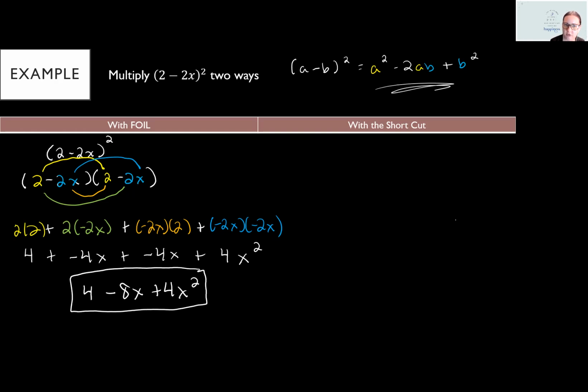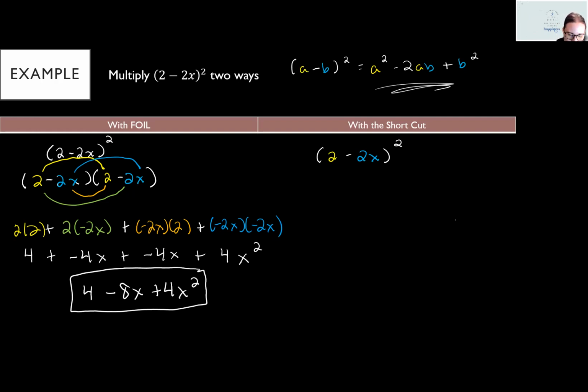Now, when we're using the shortcut here, we have 2 minus 2x squared. And I'm going to color code it like I was doing up here. A is going to be 2, and then B is going to be 2x. We're going to ignore that sign in between, that minus. We're just going to be looking at our formula in the upper right and color coding it.